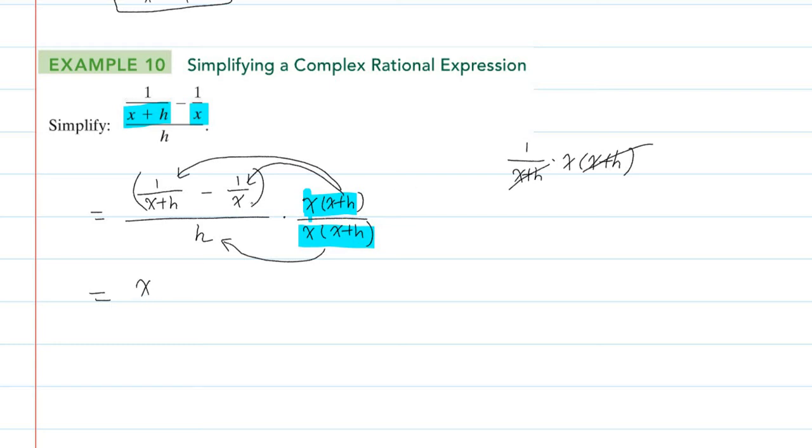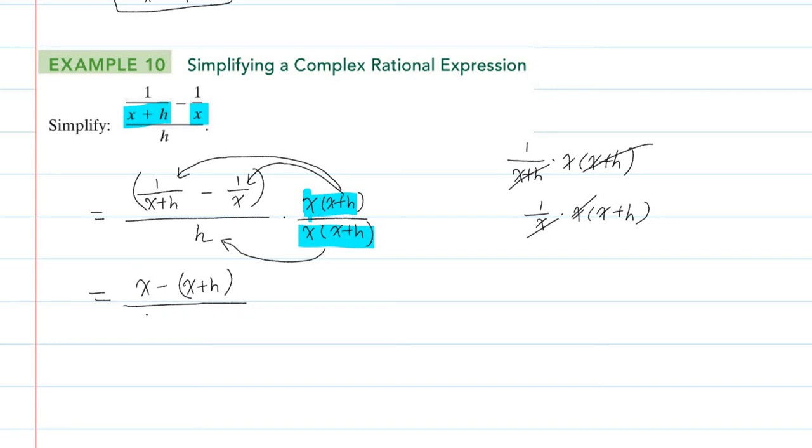Then you look at the second term, that will be minus 1 over x times x times (x plus h). Then your x is gone, so what is left is x plus h. Remember, there's a parenthesis right there, because there's a subtraction, so be careful on that one.